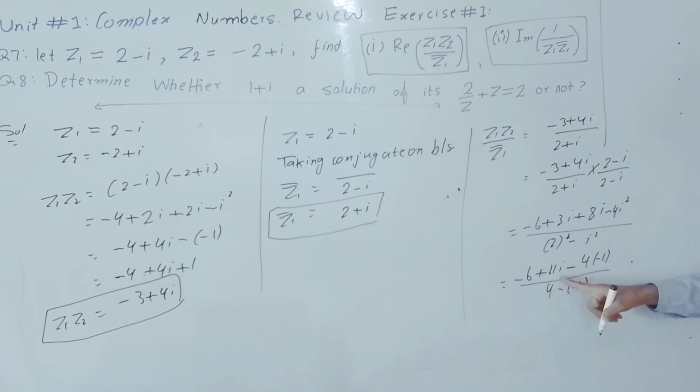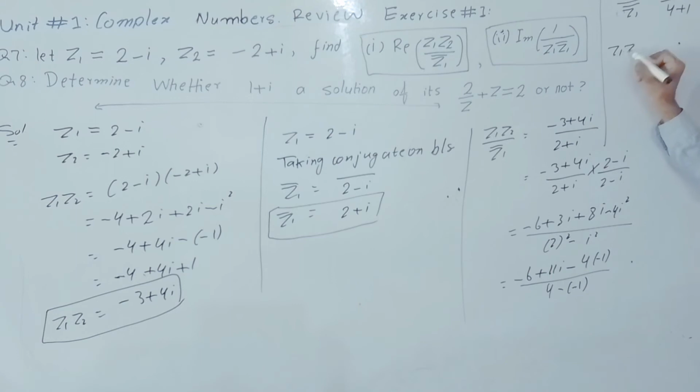So next, minus 6 plus 11 iota, so z1 z2 divided by z1 conjugate is equal to minus 6 plus 11 iota, minus into minus is plus 4, divided by 4 minus into minus is plus 1, so 4 plus 1.